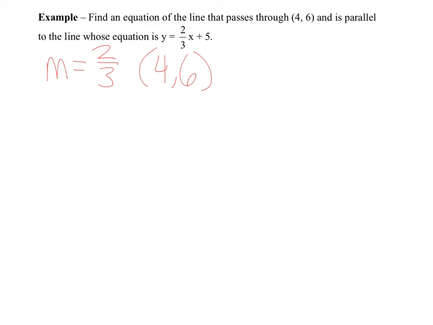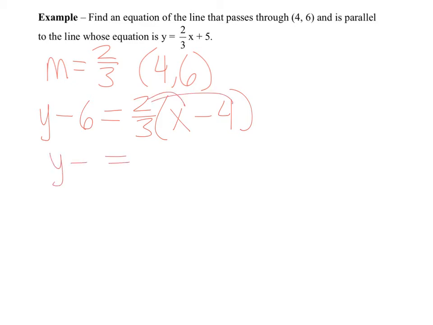So I'm going to write this equation starting off in point slope form, and then I'm going to simplify it to slope intercept form. So I plug in y minus 6 equals my slope times x minus 4. And then to change this to slope intercept form, I'm going to distribute the 2/3.